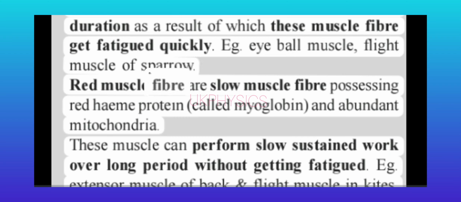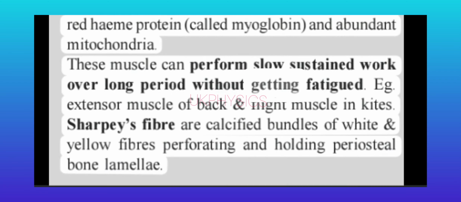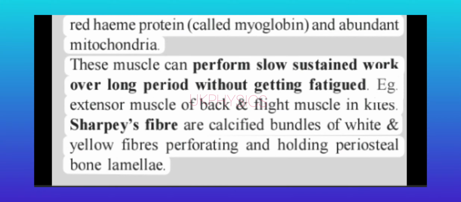Red muscle fibers are slow muscle fibers possessing red heme protein called myoglobin, and abundant mitochondria. These muscles can perform slow sustained work over a long period without getting fatigued. E.g. extensor muscle of back and flight muscle in kites. Sharpey's fibers are calcified bundles of white and yellow fibers perforating and holding periosteal bone lamellae.